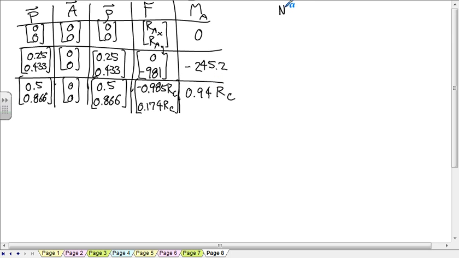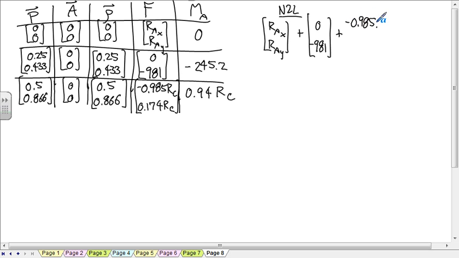Okay, so Newton's second law says, now we're just going to add all these up. RAX, RAY plus 0, negative 981 plus negative 0.985 RC, positive 0.174 RC is equal to zero.